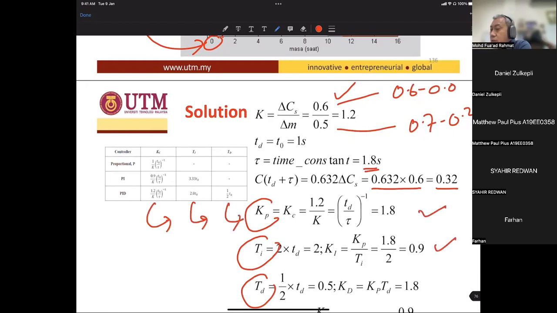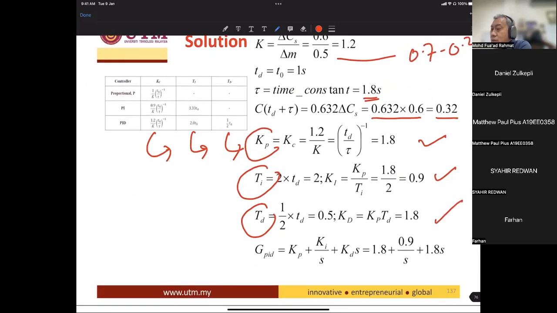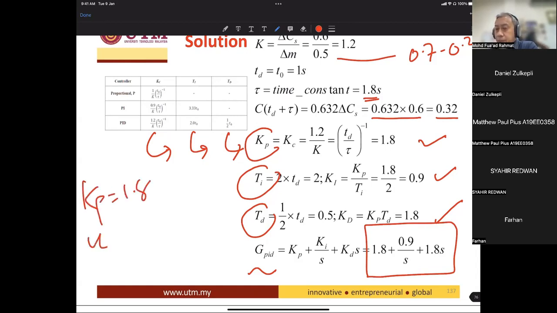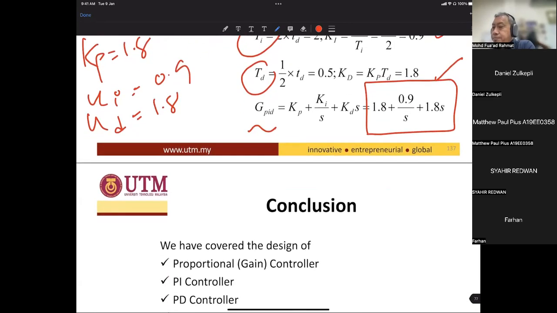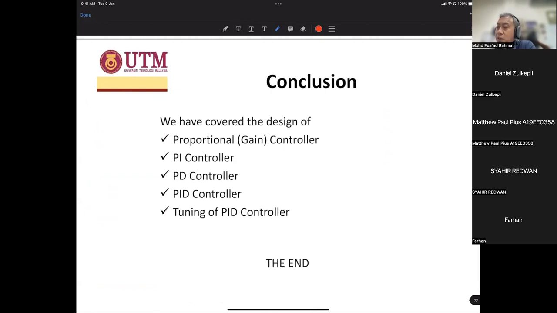Then you will get 1.8, 0.9, and 1.8, and replace it into the GPID. So you will get the final value of 1.8 plus 0.9 divided by S plus 1.8 S, where Kp is 1.8, Ki is 0.9, and Kd is 1.8.